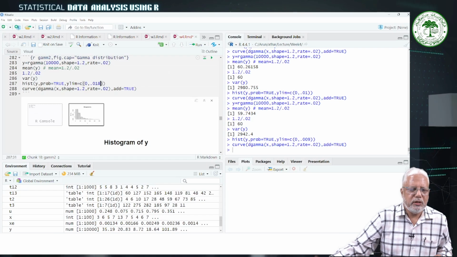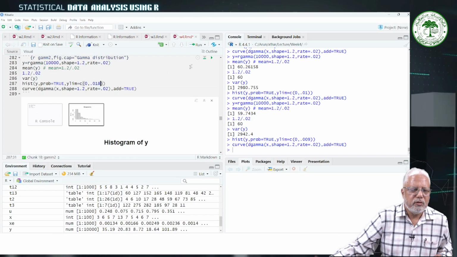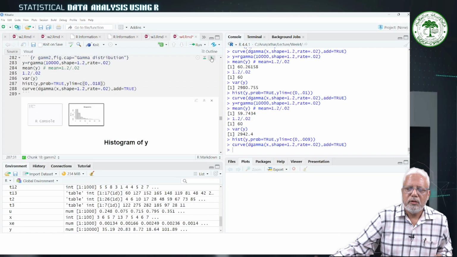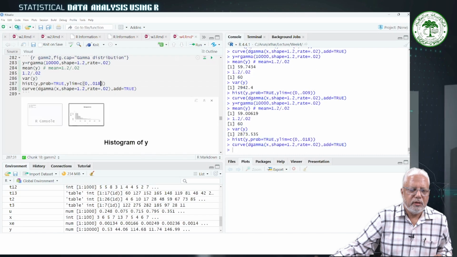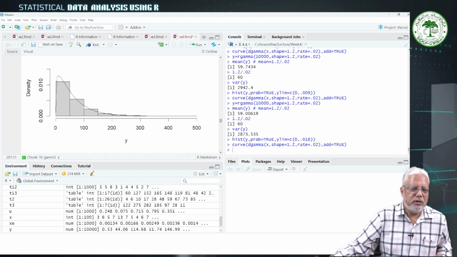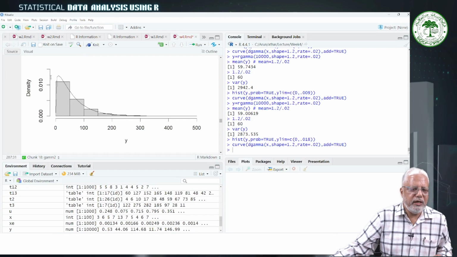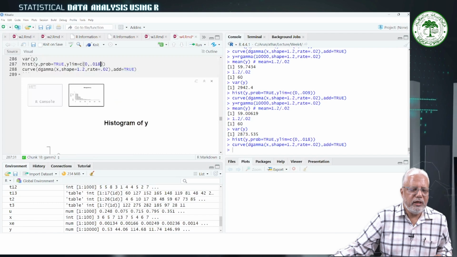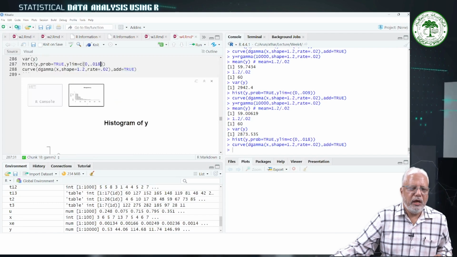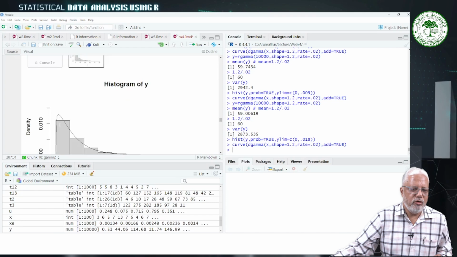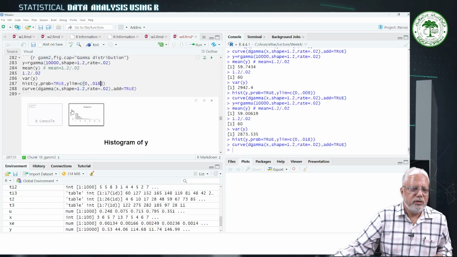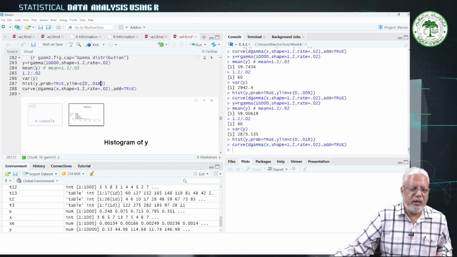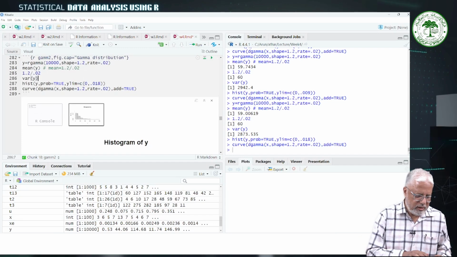Now see what we get. Now it is safe. So we can make the ylim adjustment, and we can get this within the range. Now it is not being cut on the neck. So this adjustment can be made when you are graphing.